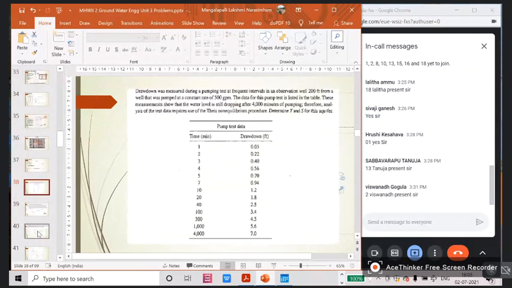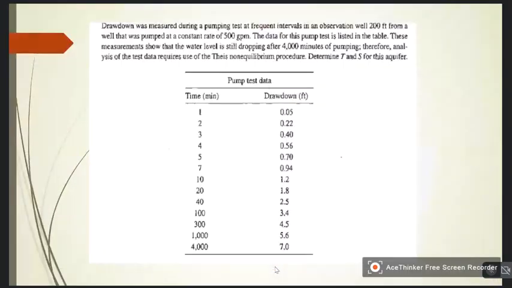Now, I want all of you to note this problem. It is in FPS units. So convert the data into MKS units, SI units. So gallons per minute is there. So convert it into meter cube per hour or meter cube per day, whatever is convenient.